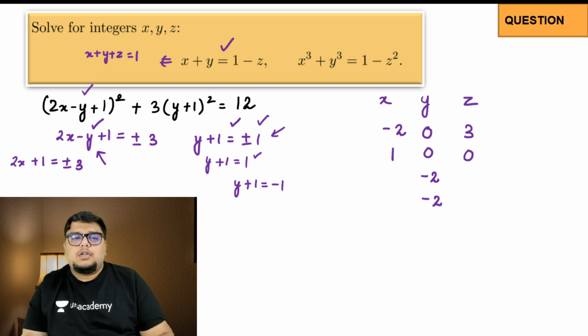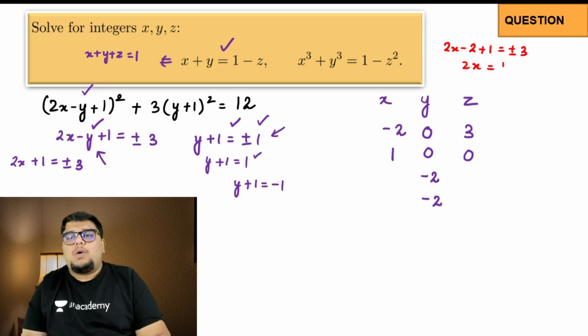I just write it here. So we are putting minus 2, right. 2x minus 2 plus 1 is equal to plus minus 3. So 2x will be equal to 1 plus minus 3. So one value will be 4, one value will be minus 2. x plus y plus z should be 1.